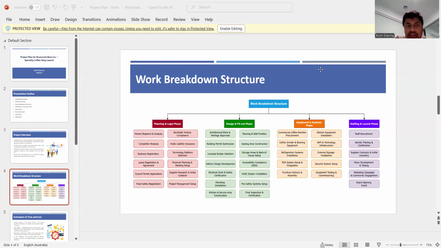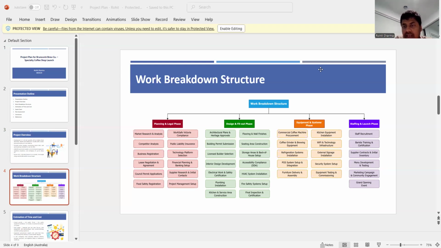The next slide is about the work breakdown structure. You can see here the investment and KPIs at a glance. We can see a simple graph chart which shows the investment breakdown, commercial grade equipment, permits, and KPI icons, along with tasks like market research and analysis, WorkSafe Victoria compliance, architectural plans and heritage approvals, flooring and wall finishes, and seating area construction.